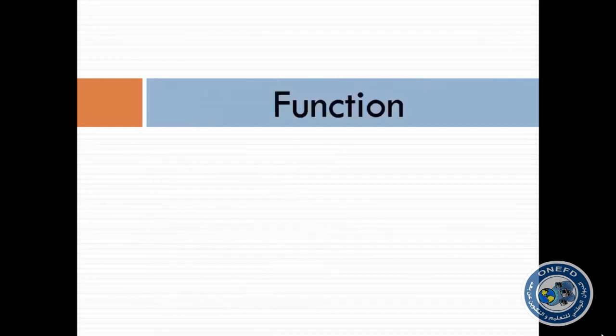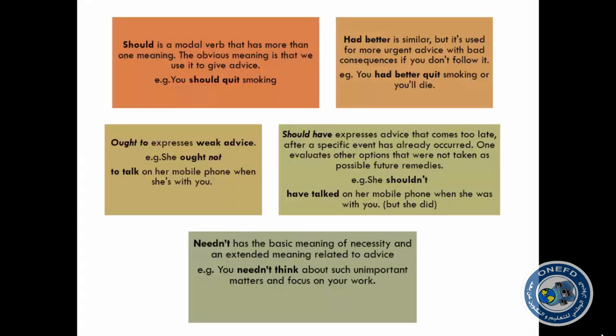What about their functions? Should is a modal verb whose obvious meaning is to give advice. Had better gives advice, but it's used for more urgent advice with bad consequences if you don't follow it. Ought to expresses a weak advice, but even so, it's used to express advice.